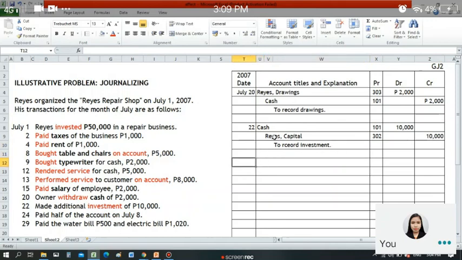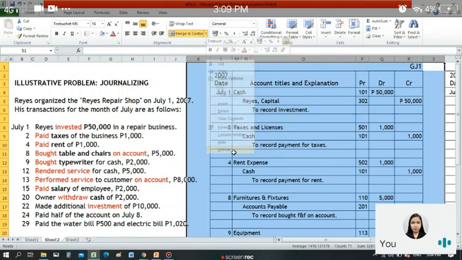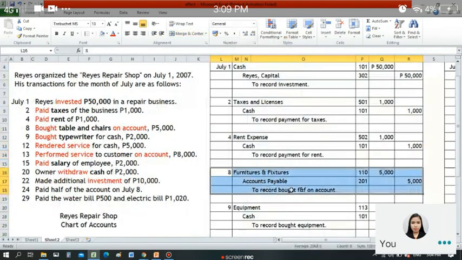Next. So July 24, our transaction is paid half of the account on July 8. As you remember, I'll show you our recording or the journal entry in July 8th. In July 8th, we have an accounts payable. Meron tayong utang na 5,000 based sa binili natin na furniture and fixtures.